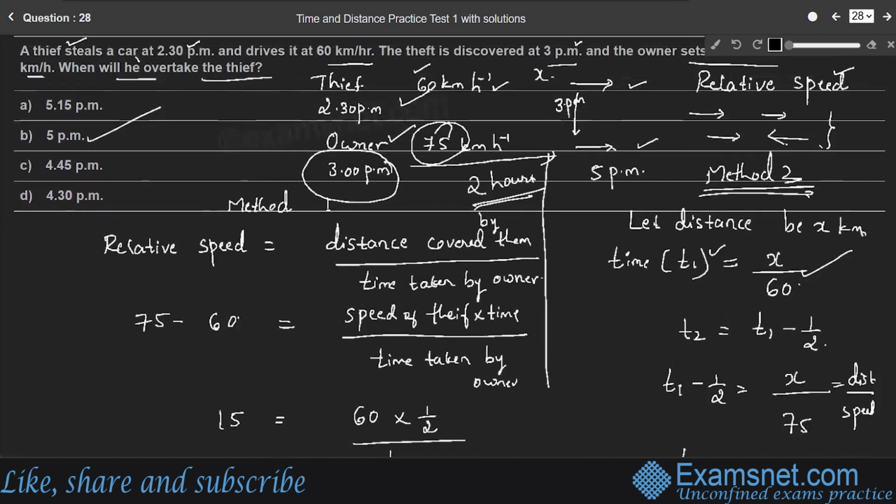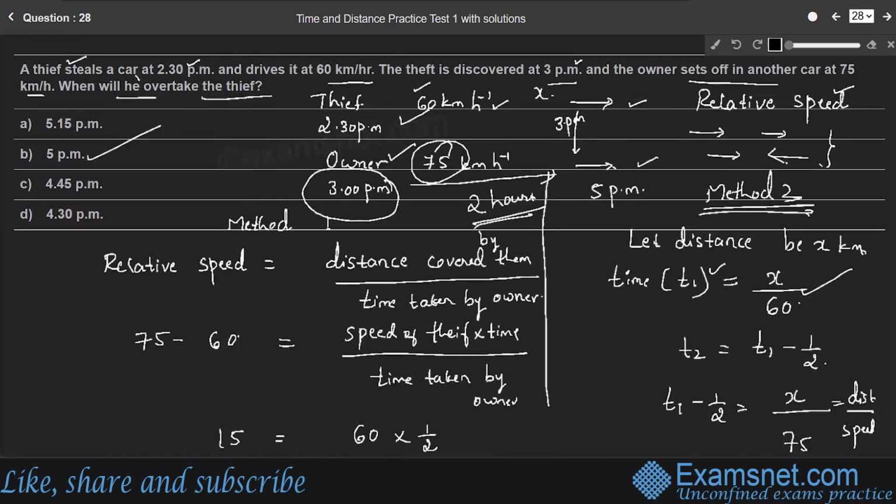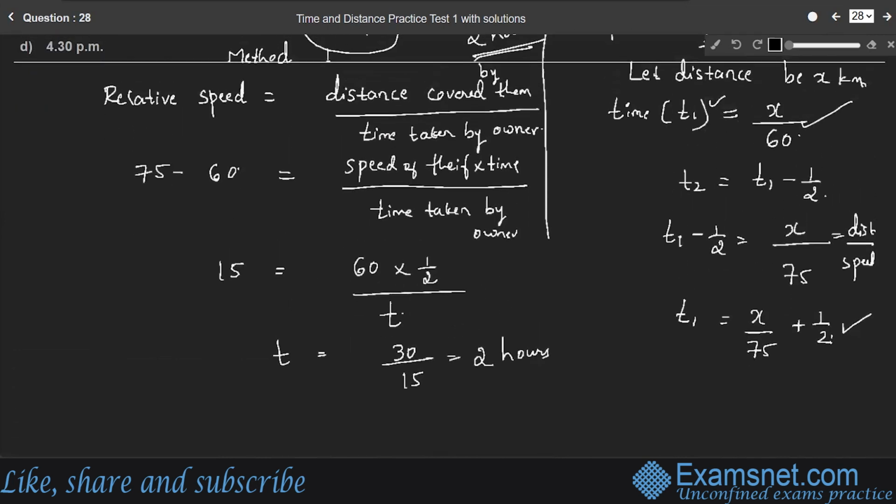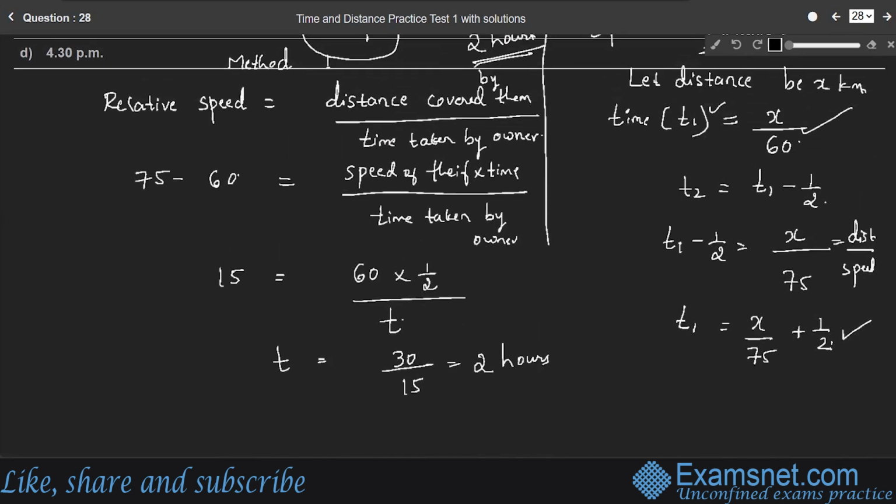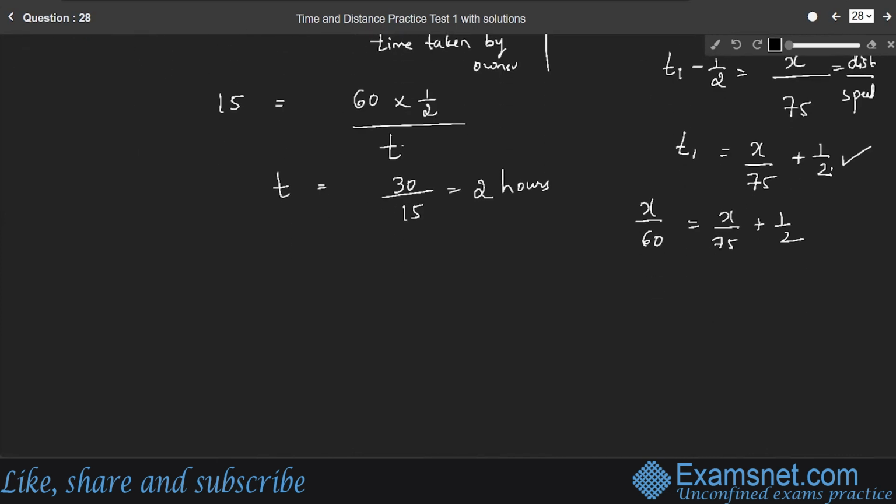How do we find T1 in this second method? Here we can equate both sides: x by 60 is equal to x by 75 plus half an hour. So let's find the value of x first. x by 60 minus x by 75 is equal to 1 by 2.